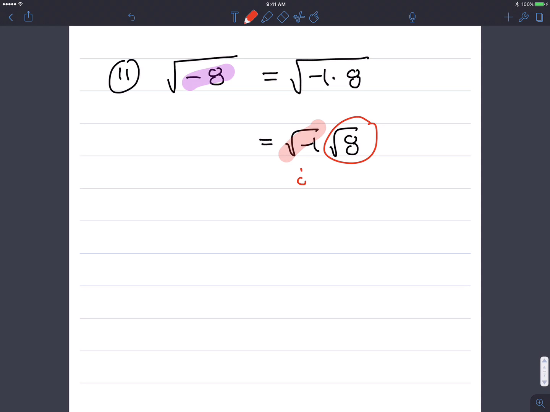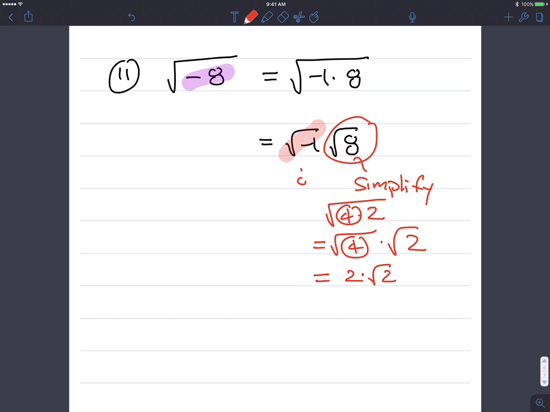And the square root of 8 can be simplified. So let's simplify the square root of 8. Let's recall that 4 times 2, where 4 is the largest perfect square that goes into 8. By the product rule, we write the square root of 4 times the square root of 2. The square root of 4 is 2.